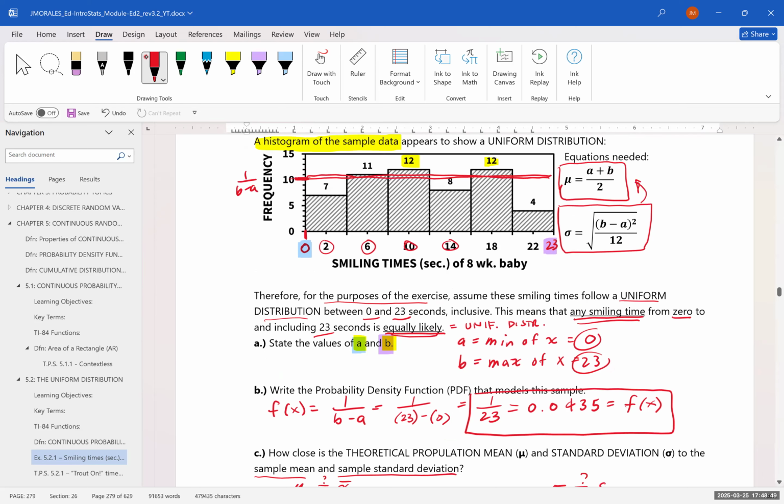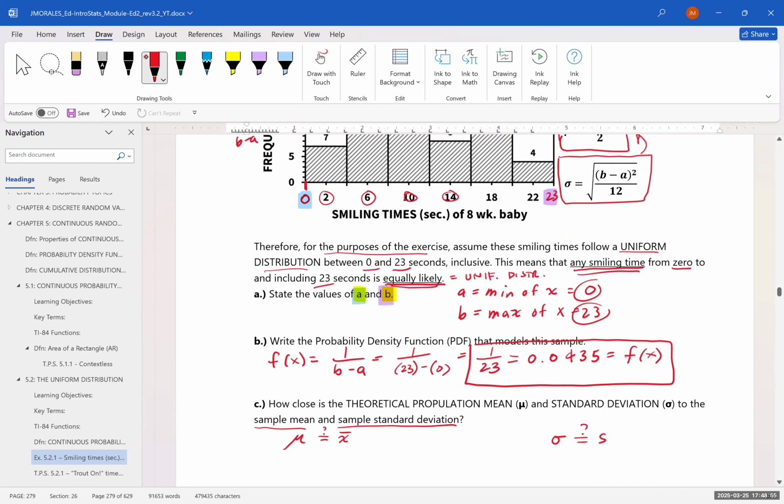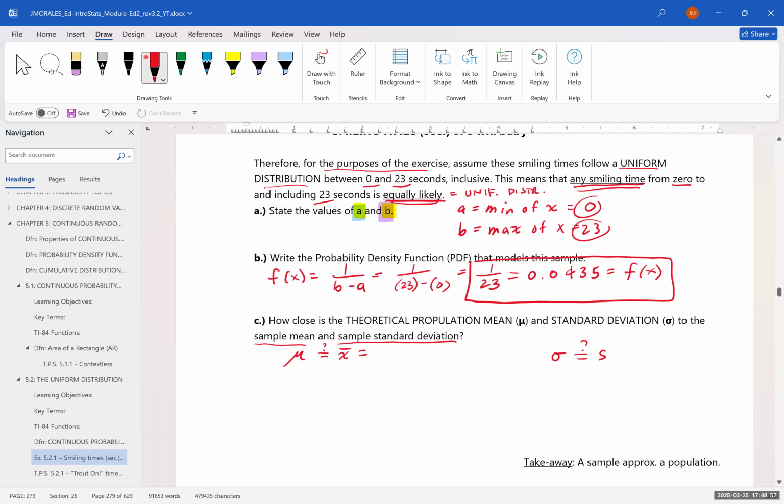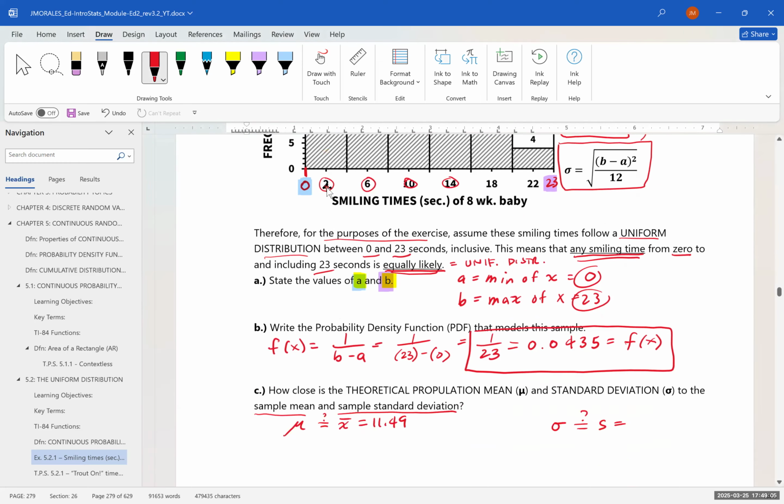Now, remember earlier, we could calculate the sample mean as 11.49 and the sample standard deviation was 6.23.